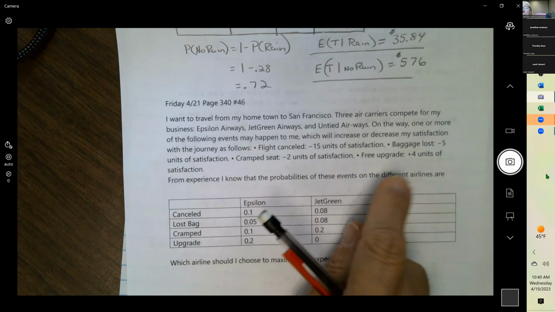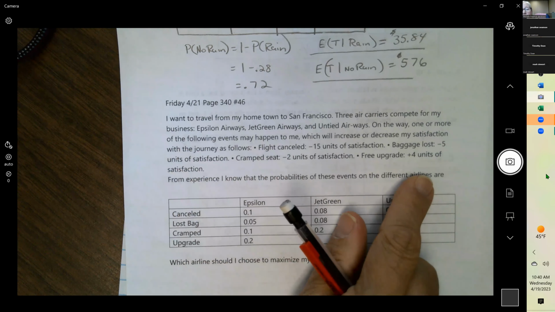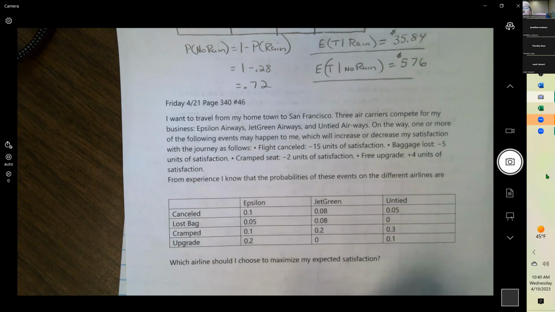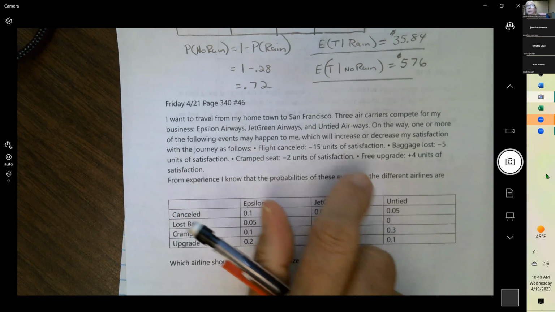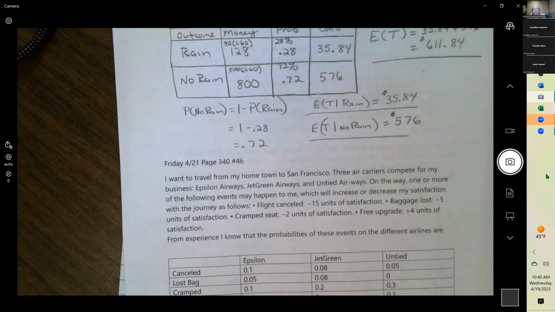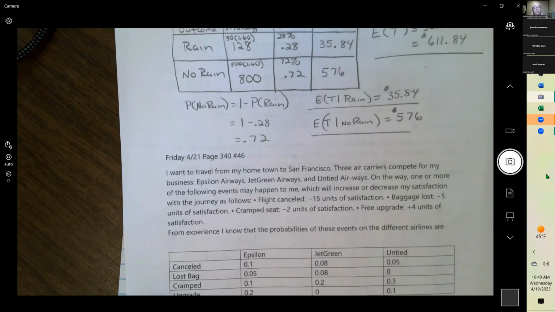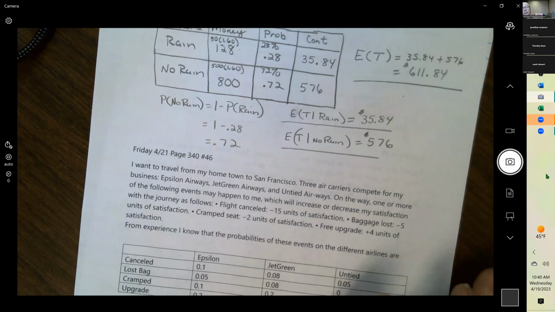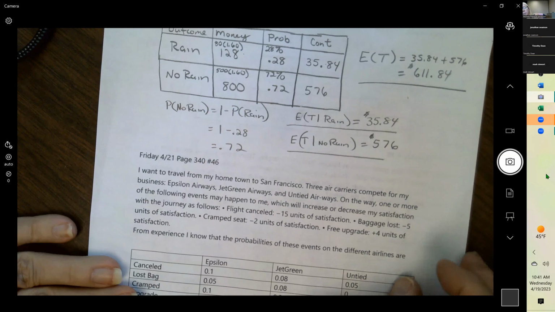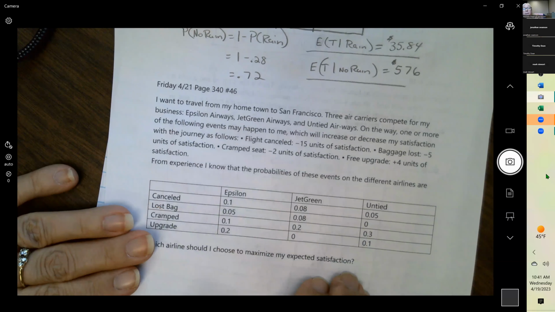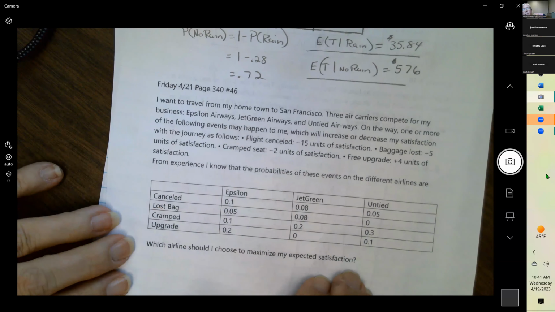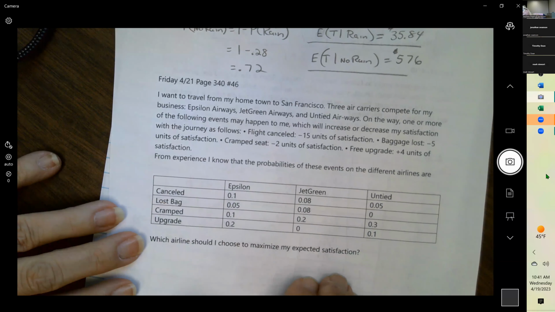Free upgrade, that would be nice, a +4. So those are units of satisfaction. From experience, I know the probabilities of these events on the different airlines are these. Which airline should I take?